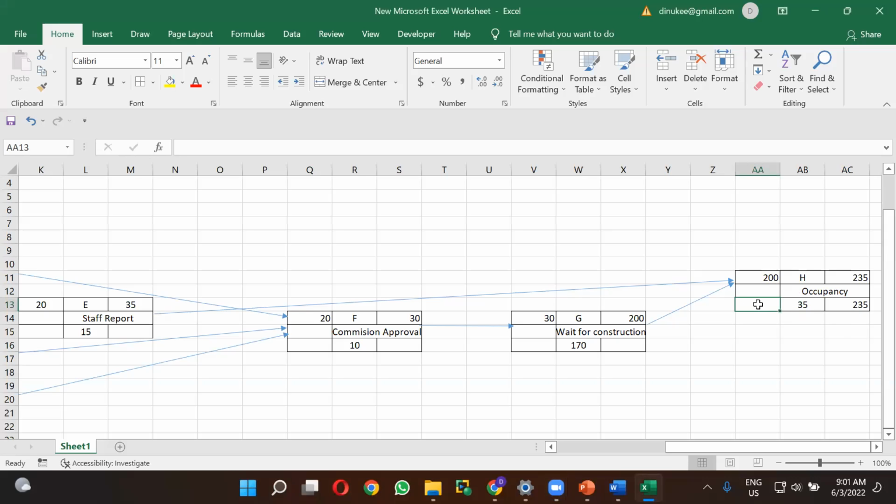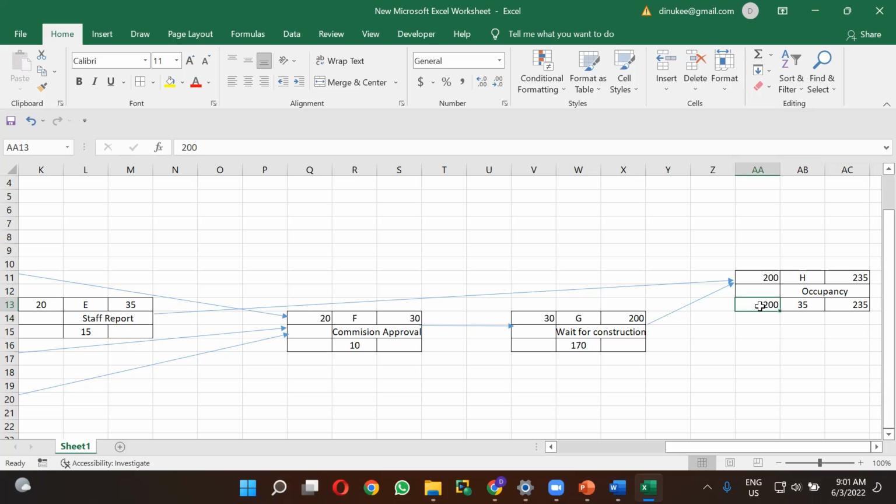Therefore, the late start time is 200. Right? So we are going backward now. For the H activity, and now we are moving to the G activity. For the G activity, there is only one arrow, right?